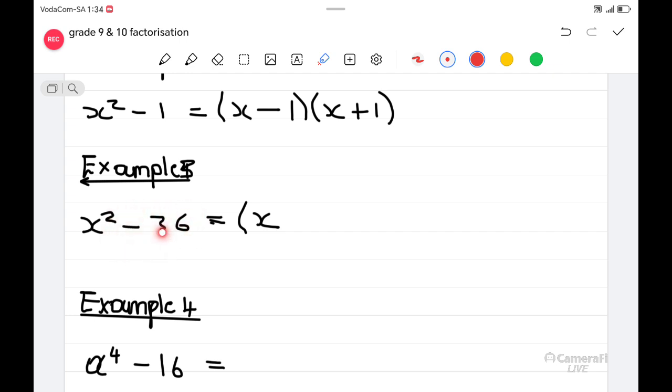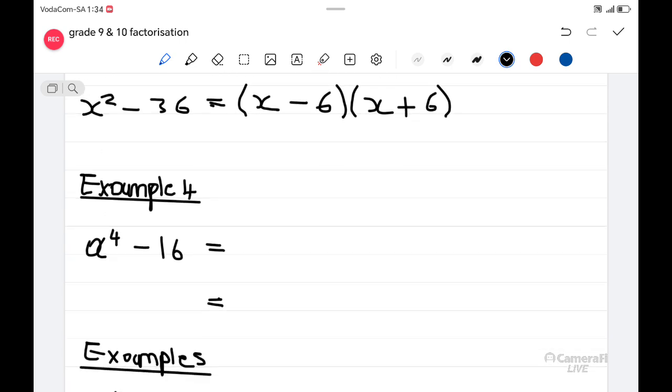You punch on the calculator the square root of 36 because the square root of negative 36 is going to give you an error. So it's the square root of 36, and then you take with the subtraction down, minus 6, and you copy exactly as it is, our x, but you change the sign to be plus 6. Factorized fully.